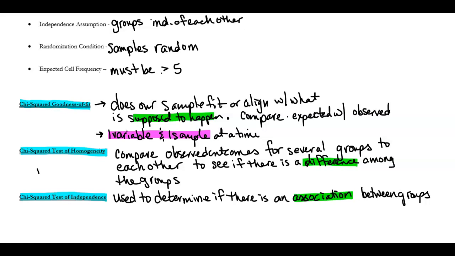They can look at multiple variables. So one of the most important things is you're going to have to figure out which test you have to run because there are different processes. Just so you know, a chi-squared goodness of fit is sometimes called a chi-squared GOF. There is no abbreviation for the test of homogeneity or the test of independence.